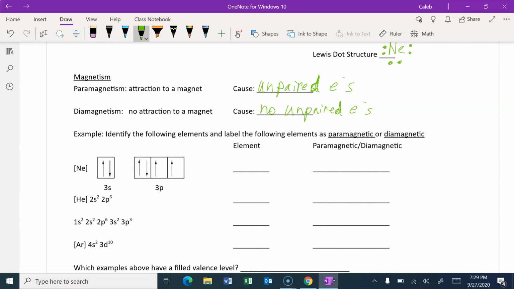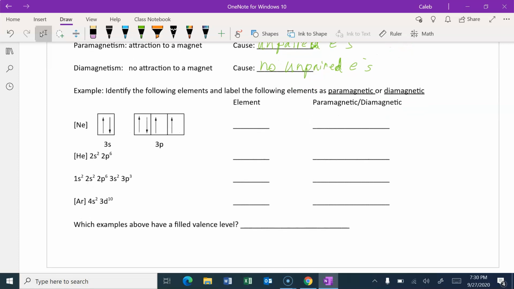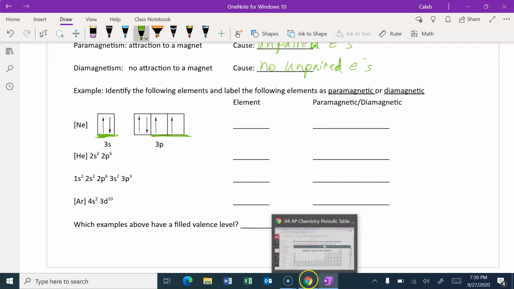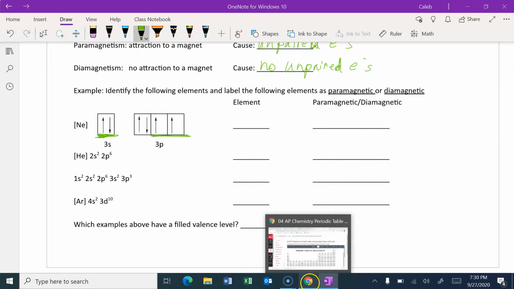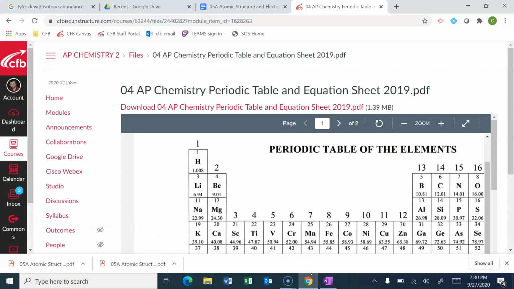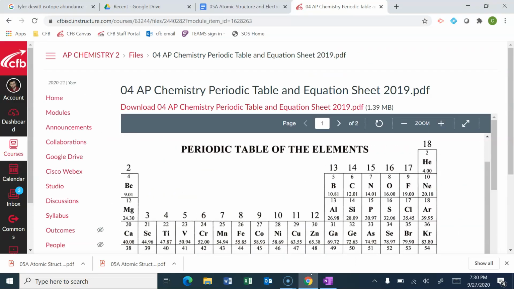So we've got some examples down here. When we say paired electrons, we mean that there's an up arrow and there's a down arrow. All right, so I have 2 unpaired electrons here. Let's see what this element is. I've got 3s2, 3p4. 3rd energy level, p block, 1, 2, 3, 4 is sulfur.